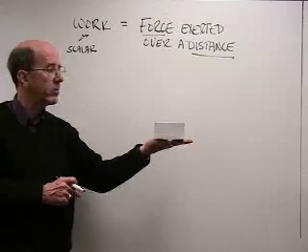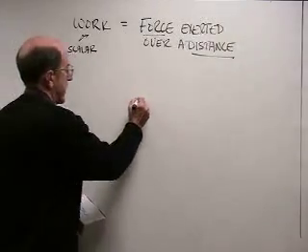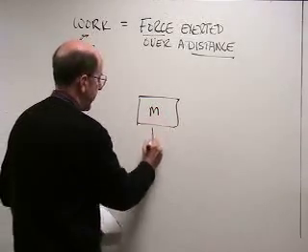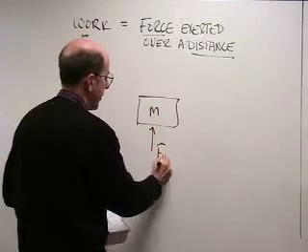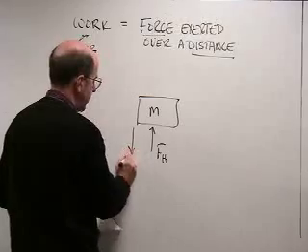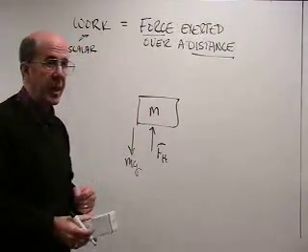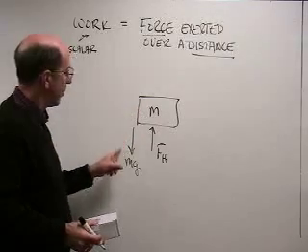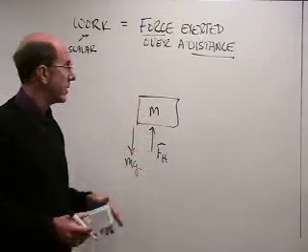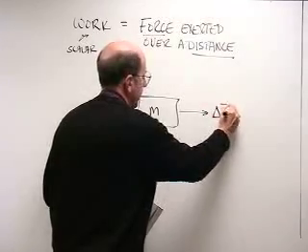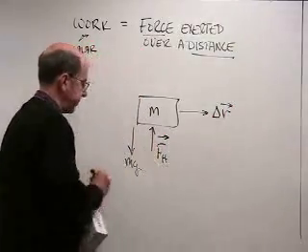There's also gravity involved. So if I take a mass, in this case there's my hand exerting a force upward. There's gravity, mg, pulling downward. Those are both forces acting on the mass, but they only do work if the mass is moving in some direction, some displacement delta r. Okay.